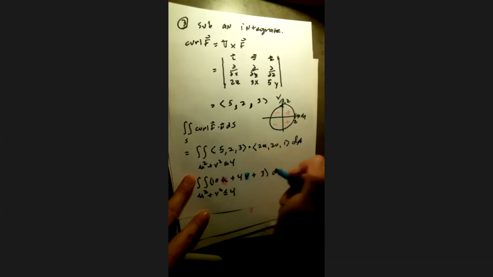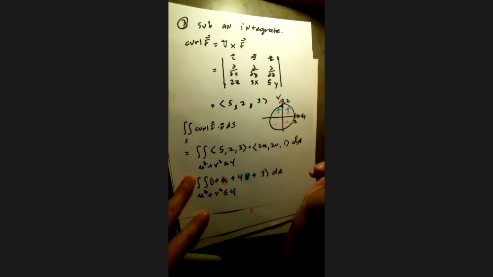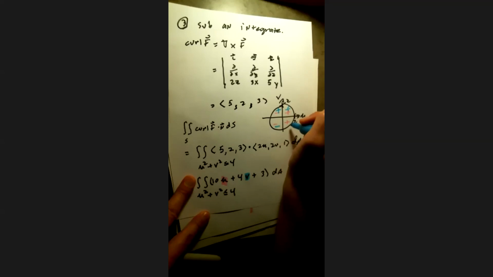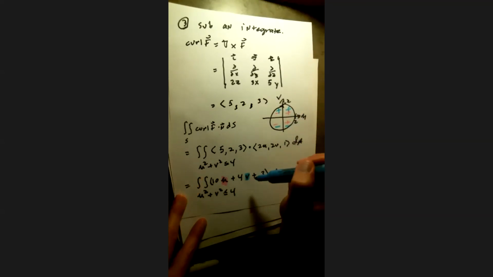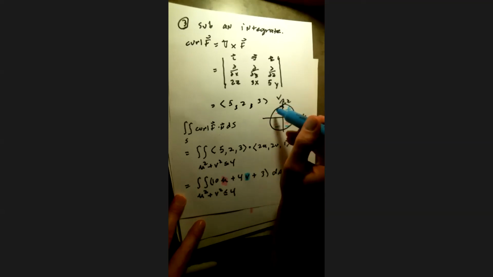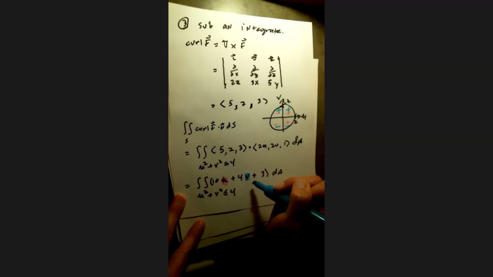And if you focus in on the v's, v is going to be plus in quadrants 1 and 2 and negative in quadrants 3 and 4. The integrand is just v, and so you're going to get the same amount of positive and negative contribution. So what's that 4v going to contribute to the sum?